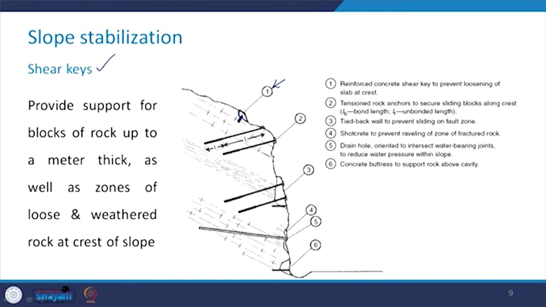What the shear key does is provide support for blocks of rock up to a meter thick, as well as zones of loose and weathered rock at the crest of the slope. So, here at the crest of the slope, the shear key has been used as a stabilization measure.